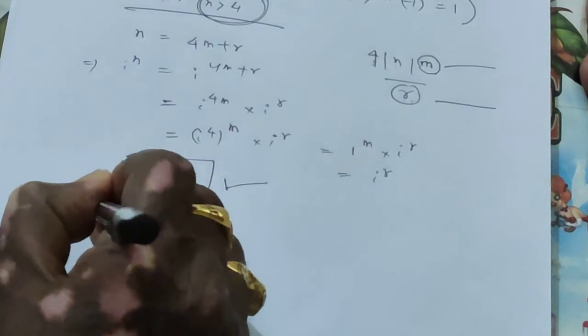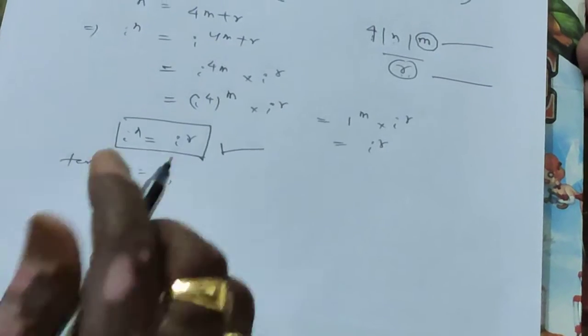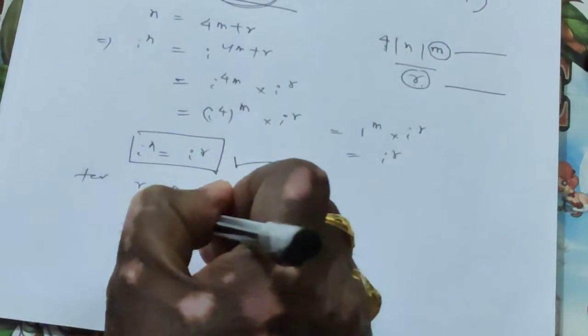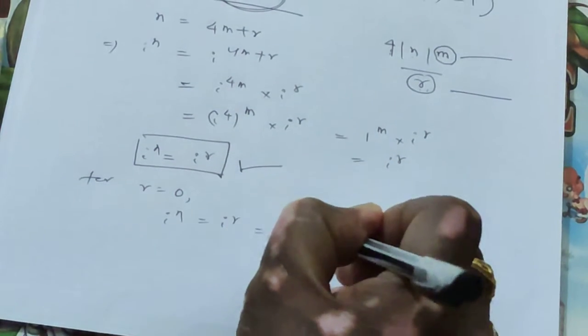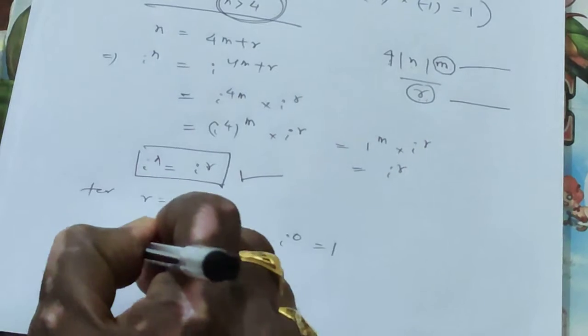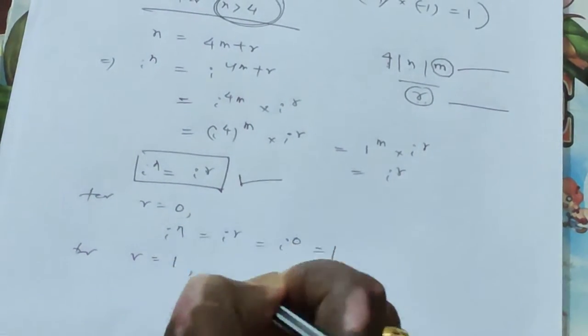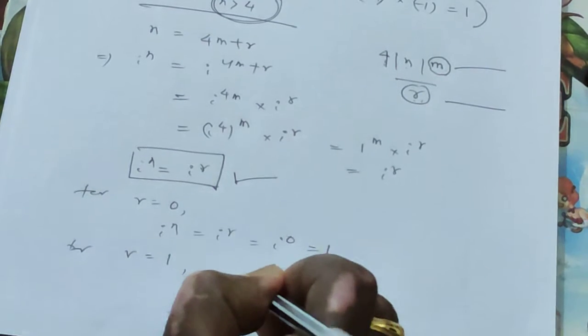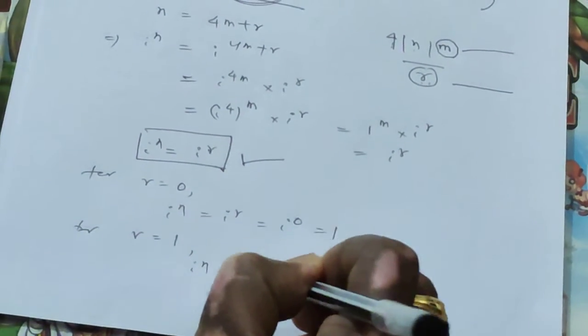For r equals 0, i to the power n equals i to the power r equals i to the power 0 equals 1. For r equals 1, i to the power n equals i to the power 1 equals i.